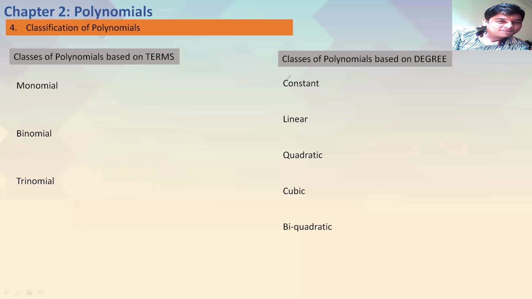So you may have degree 0, degree 1, degree 2, degree 3, degree 4, and so on. Are you getting me? These are degrees.